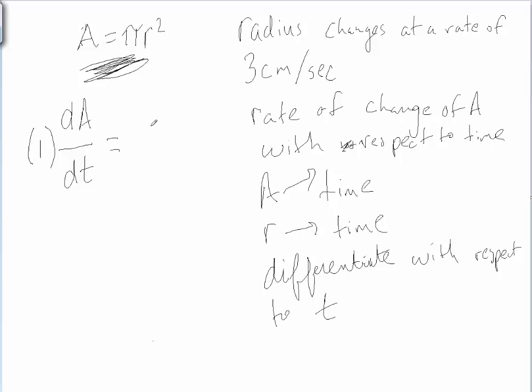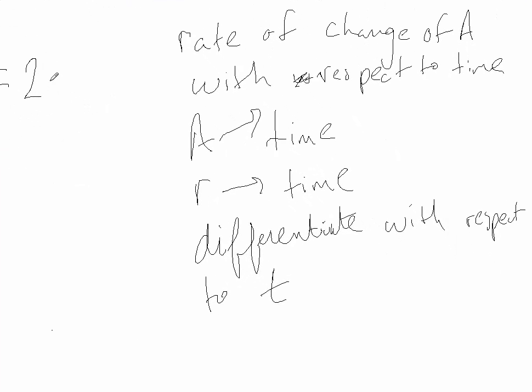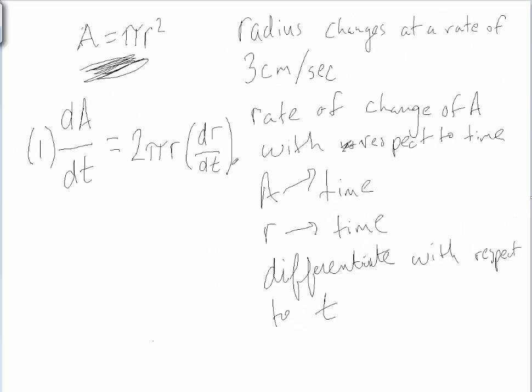And then pi r squared, remember pi is just a constant, so we have the derivative of this expression, pi r squared, is simply 2 pi r, times the derivative of r with respect to t. So we've just differentiated with respect to t.